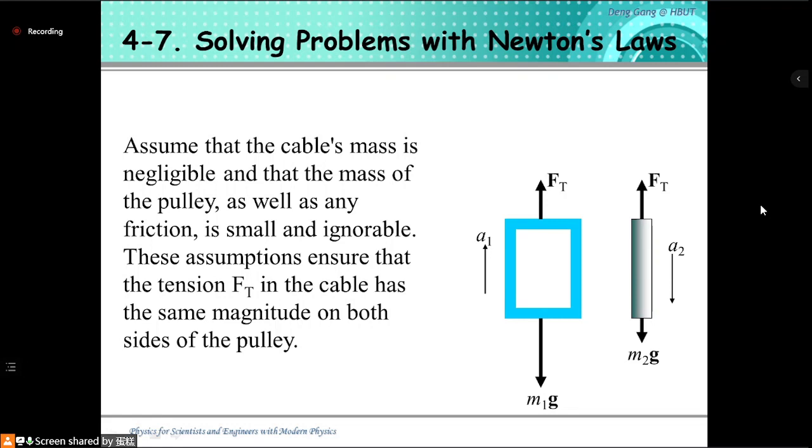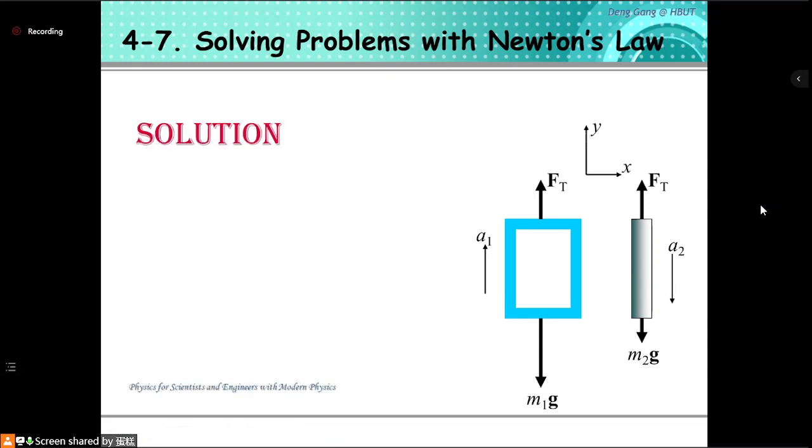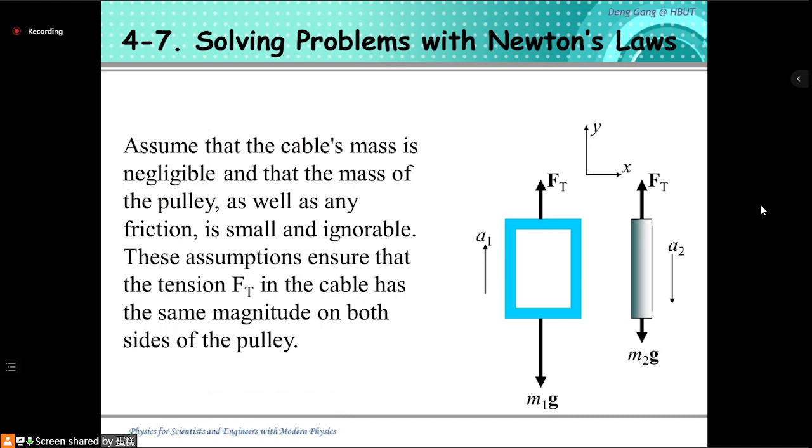Okay, so with the second step we can choose one direction to be positive, like this direction to be positive, and we can then apply Newton's second law for each object in the y direction. In the y direction, that's for this object.